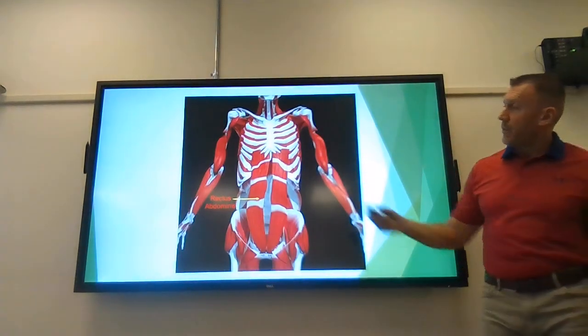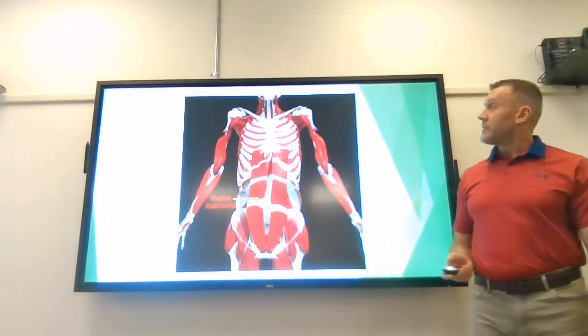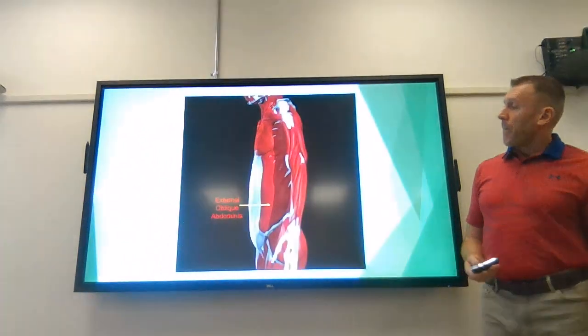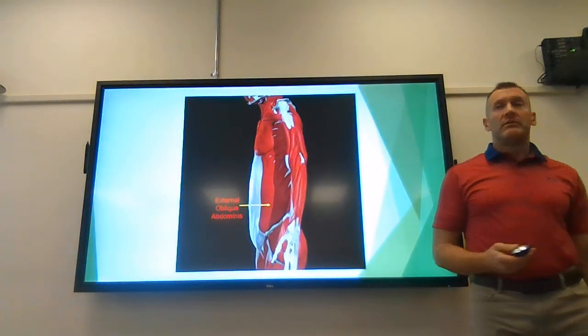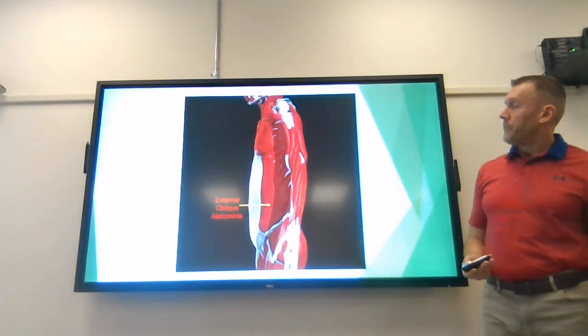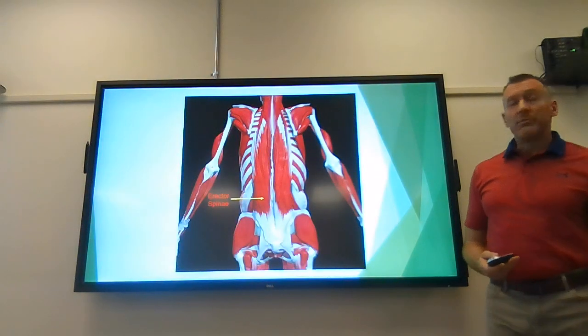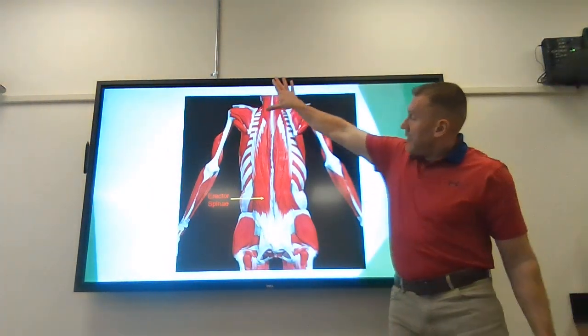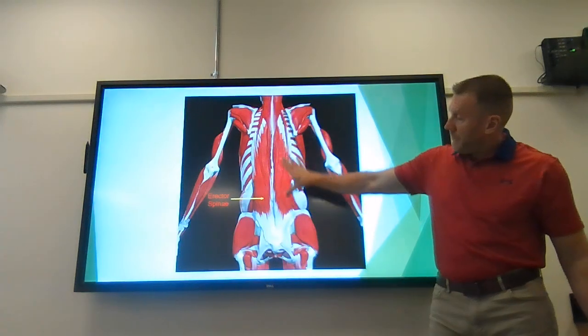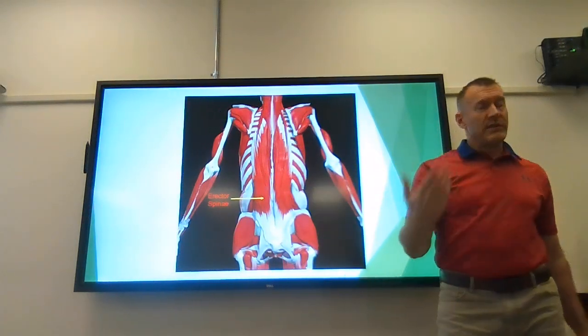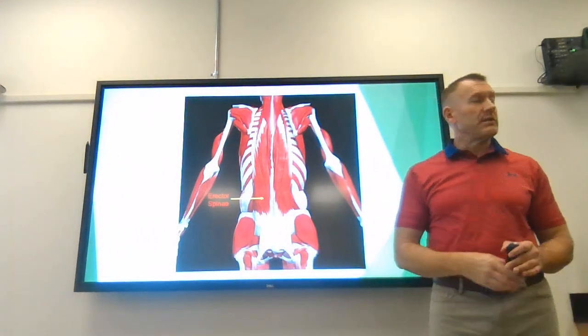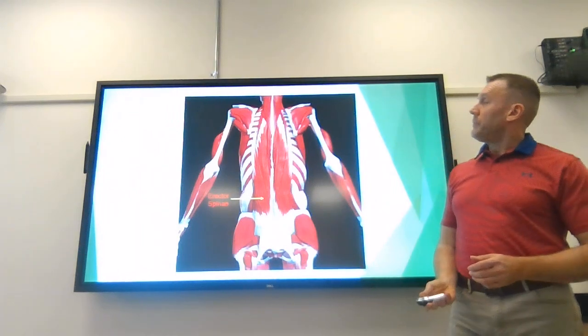Okay, so rectus abdominis, right near the surface. External obliques, also near the surface there. And erector spinae, with sections all the way down: spinalis, longissimus, iliocostalis is most lateral.